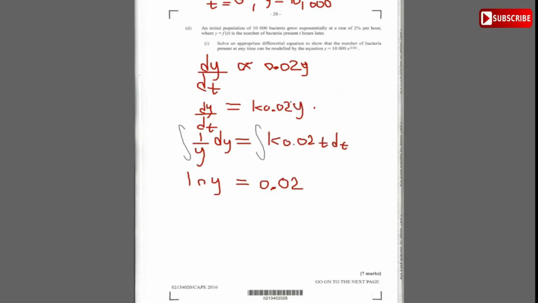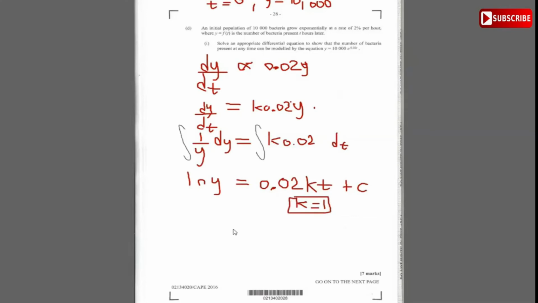All right, so integrate this now, we get 0.02 times k, and then we add 1 to the power to get 0.02k times t, plus some constant c. But clearly, based on this question, k must equal 1, because they only give us one thing.